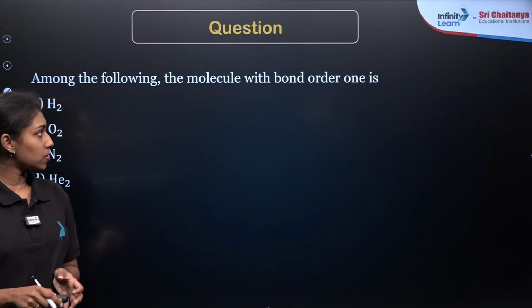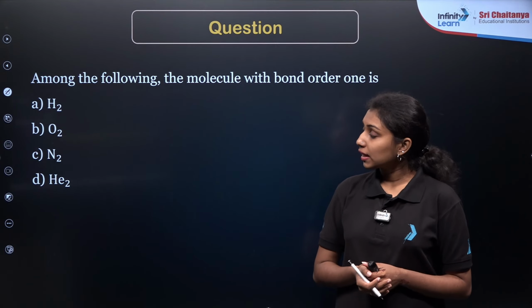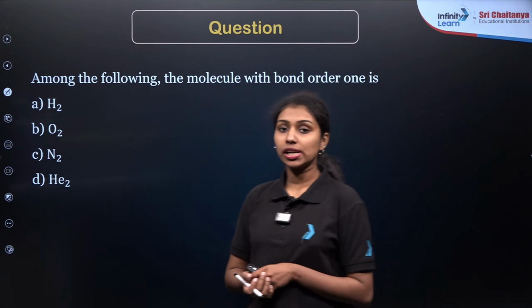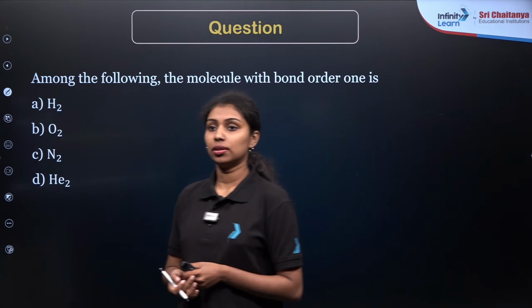Now we are moving to the next question. Some molecules are given here. Among the following, which molecule has bond order equal to 1? So try to draw the structure of these molecules: H2, O2, N2 and He2.